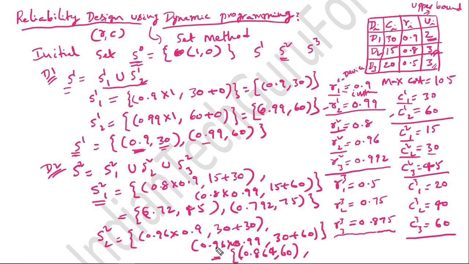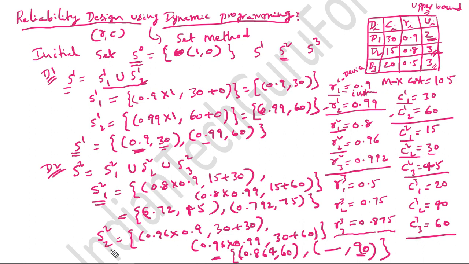So here, instead of calculating this value, first calculate the 30 plus 60 value. 30 plus 60 is 90. So here we may observe that the cost is $90 for S power 2 to the base 2, that is S power 2 suffix 2.